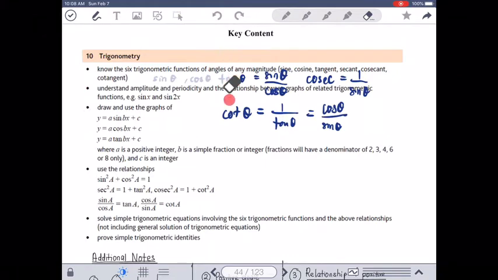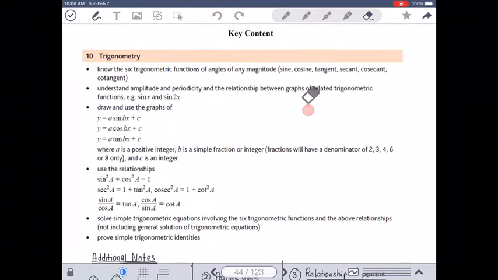So basically, these are the 6 trigonometric functions. We are going to have a look at them later.